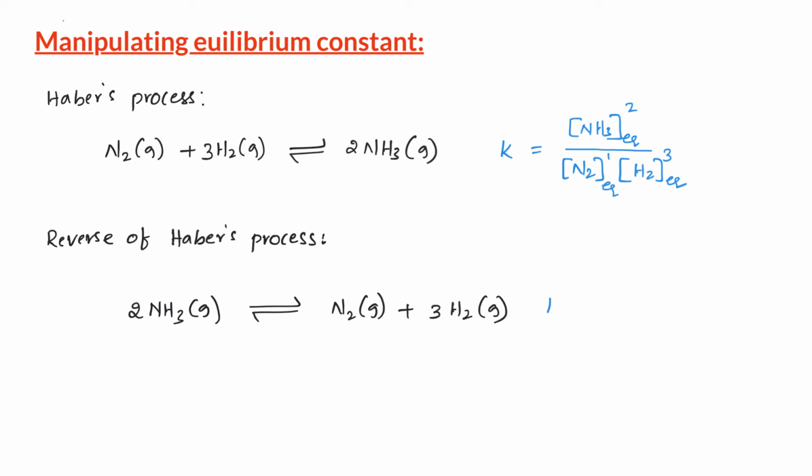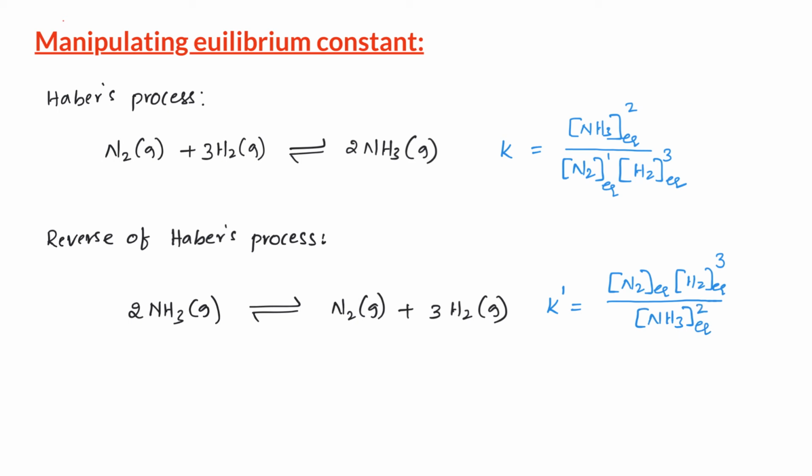The equilibrium constant, let us call it K prime, is equal to the concentration of products over reactants, that is, the concentration of N2 at equilibrium to the power 1 times the concentration of H2 at equilibrium to the power 3 divided by the concentration of NH3 at equilibrium to the power 2.